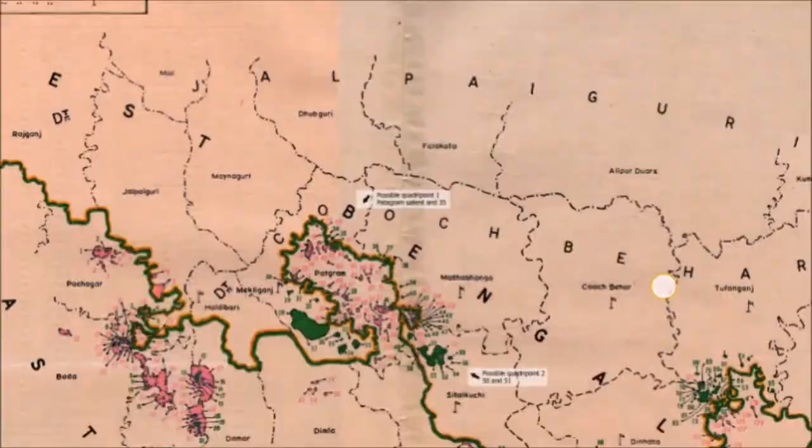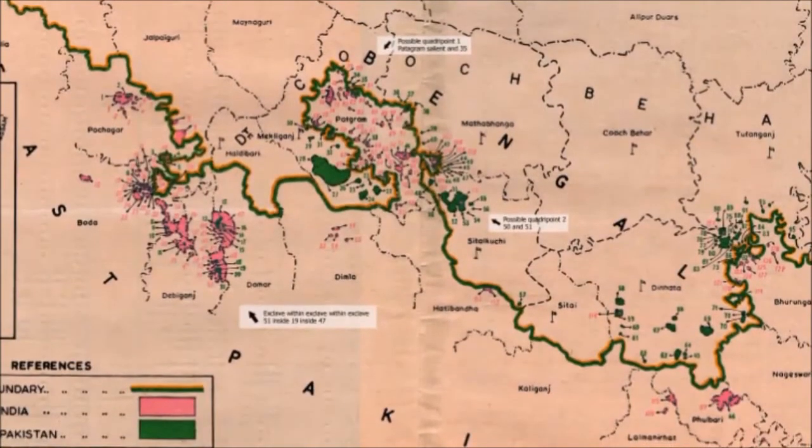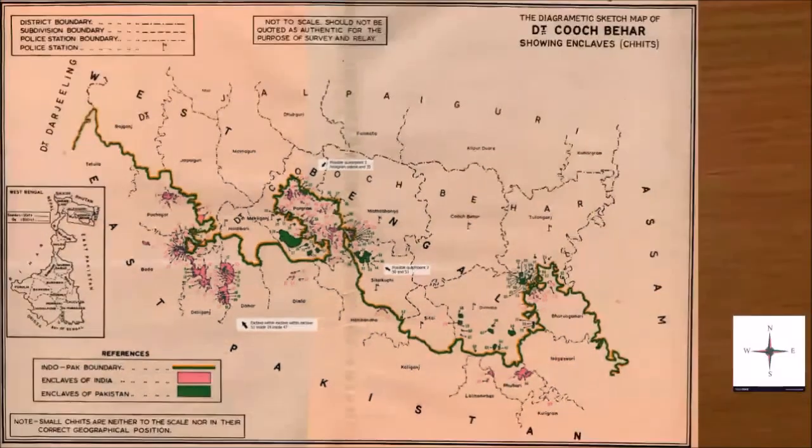It means these green color enclaves all belong to Pakistan, but after dividing West and East Bengal, these enclaves all remained in India, but they belong to Pakistan, and our enclaves remained in Pakistan, but they belong to us. So they made an agreement to exchange these enclaves. This is the story of enclaves.